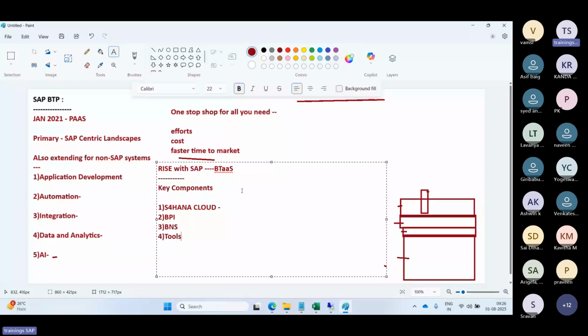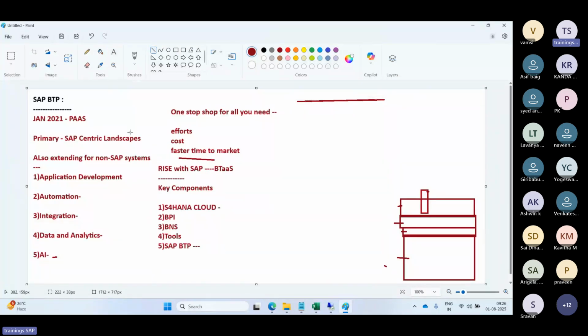Then the next one is SAP BTP credits. This is where BTP fits in, with all the full-fledged services under this fifth point. So that is one of the key components in Rise with SAP.